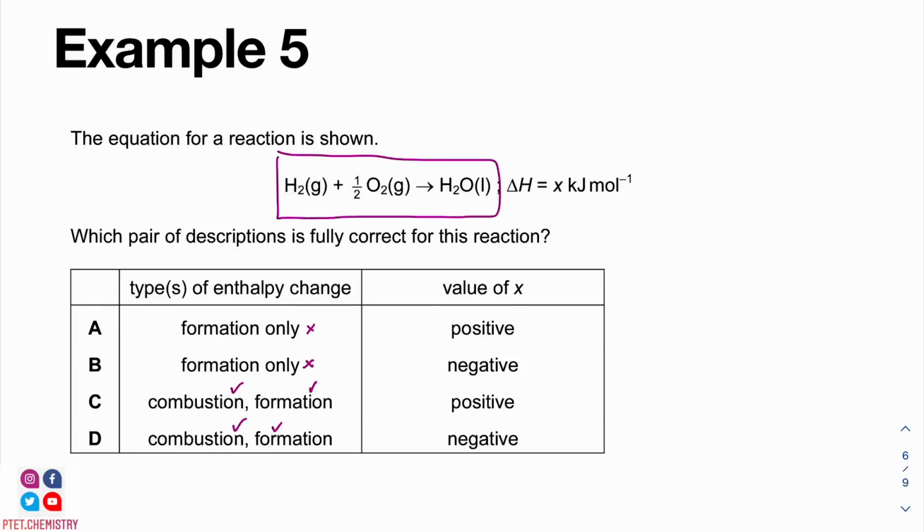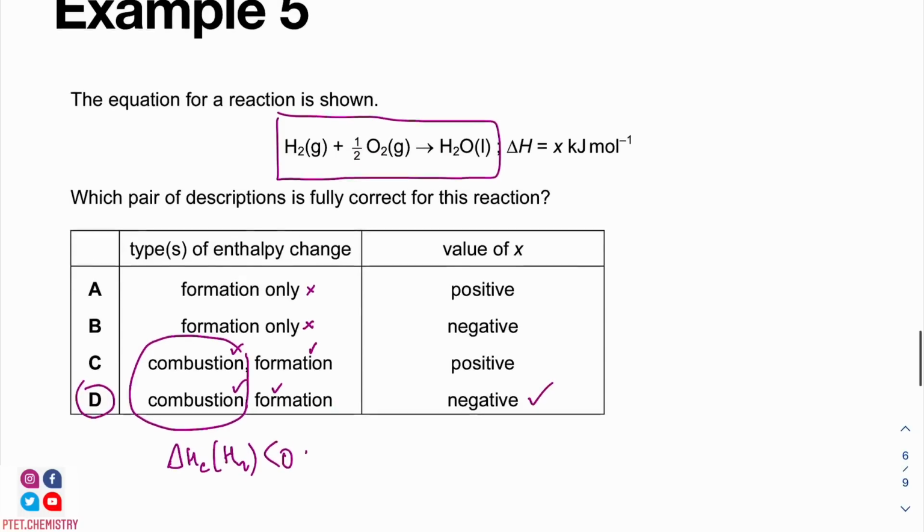And then in terms of the value of X, you know this is the combustion. You know it's combustion of hydrogen. And enthalpy of combustion, if you just look at that itself, is always exothermic. Okay, that's how you know it's negative straight away without even thinking about the formation. But we know it's equal to the formation because of the identity that I talked about in earlier examples.